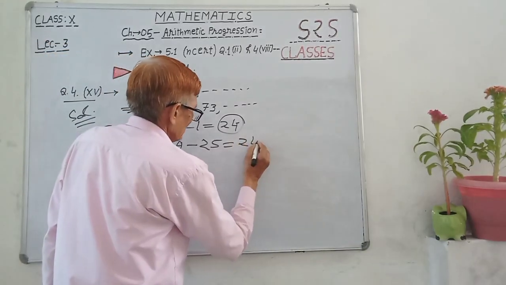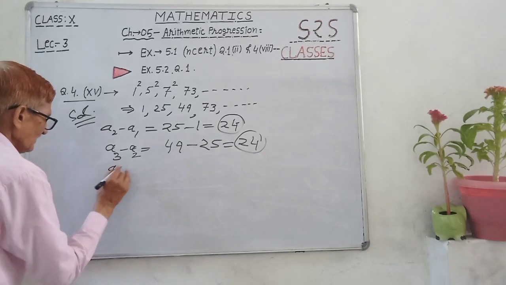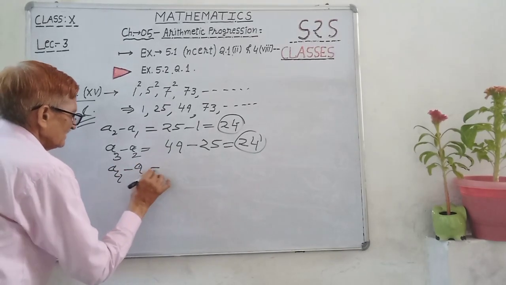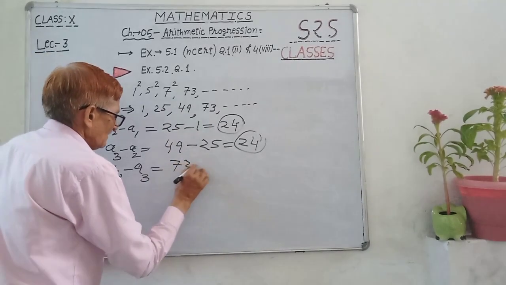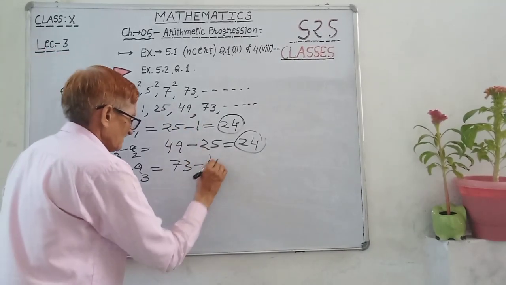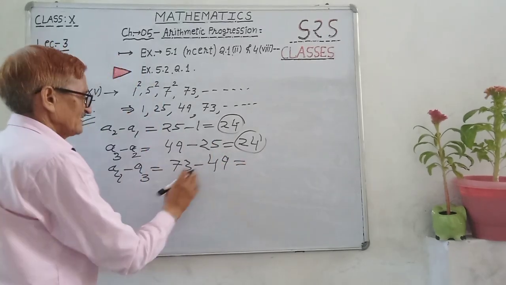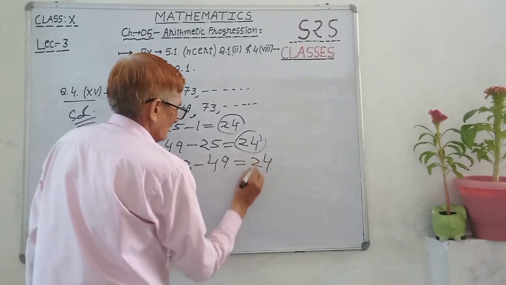Same, you can check forward also, because one number forward given, A4 minus A3. You can check A4 73, A3 49. Okay. 13 minus 9 4, 6 minus 4 2.